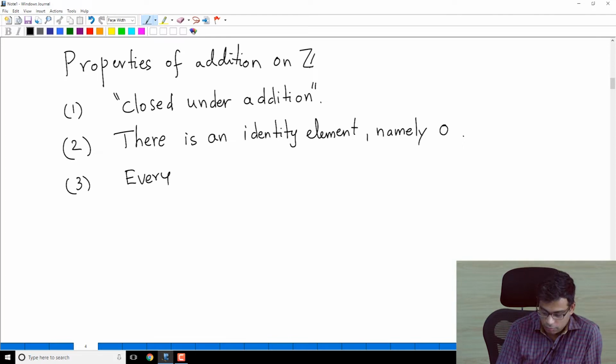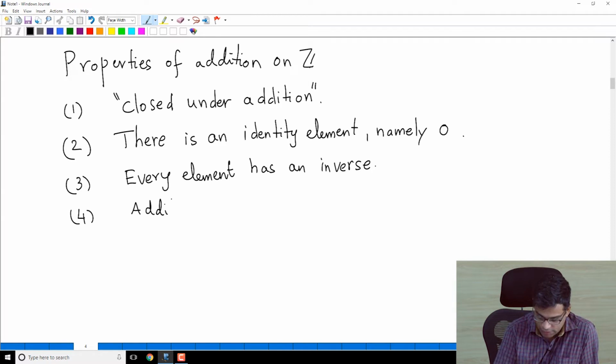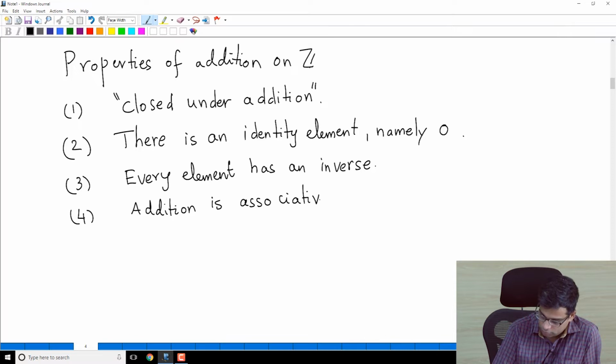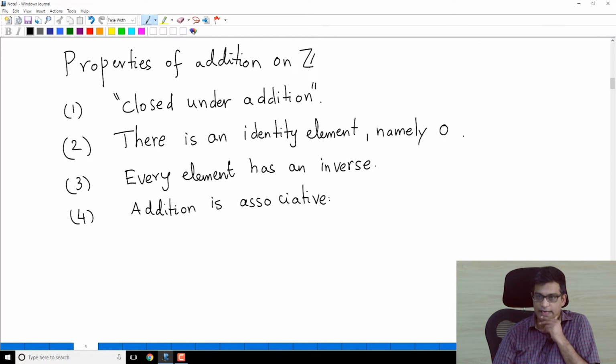Every element has an inverse, namely minus n is the inverse of n. Addition is associative is the last property. So, these are the 4 properties of addition on Z.